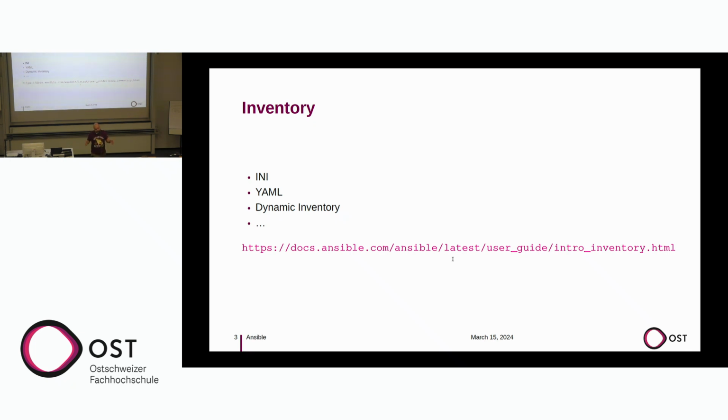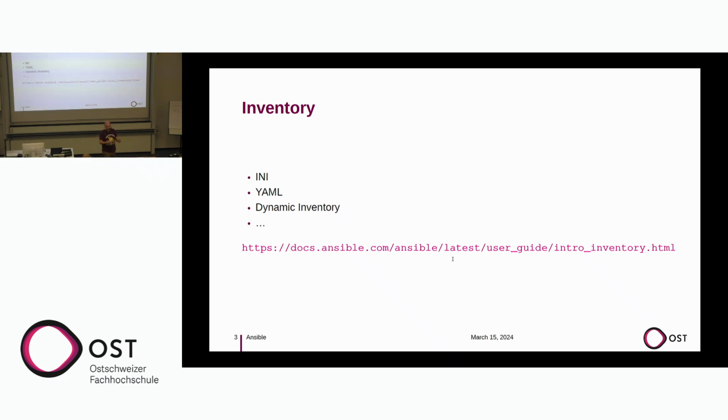If you have hundreds or thousands of devices, I'm not sure it scales so well for you, so keep that in mind. But of course we also have dynamic inventories, or inventory plugins.